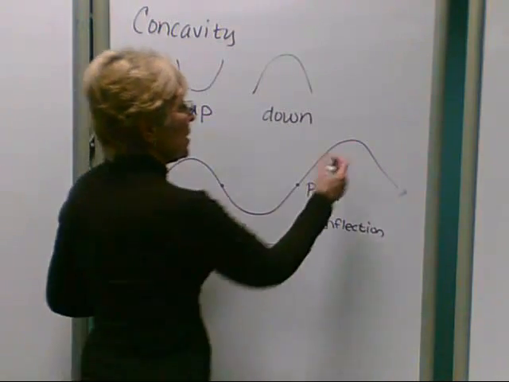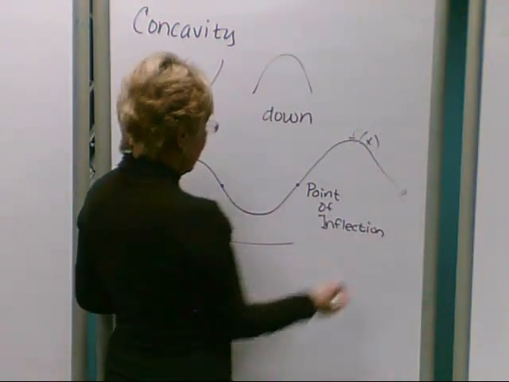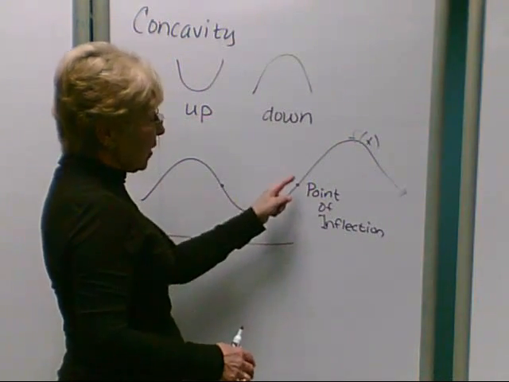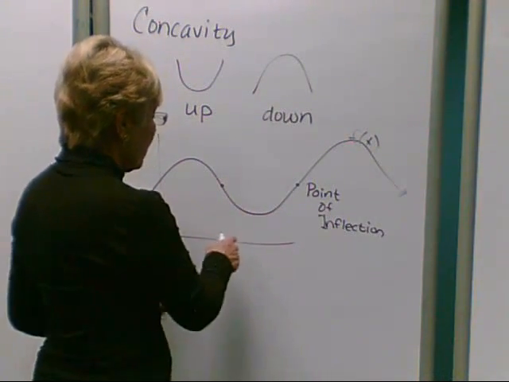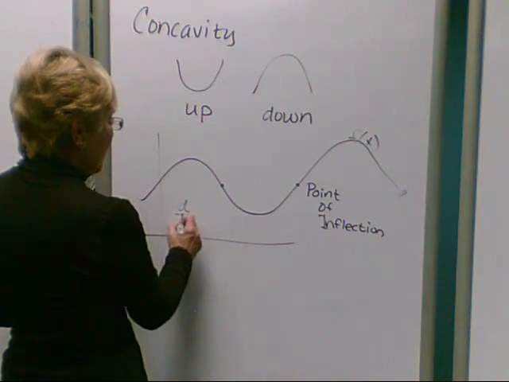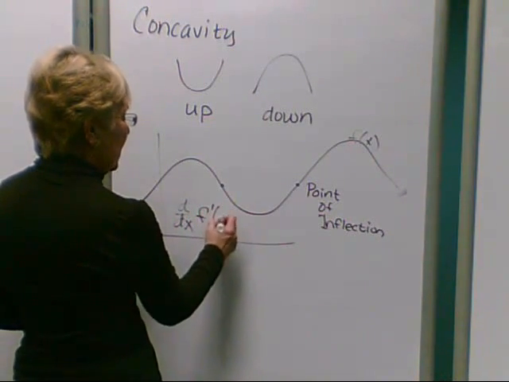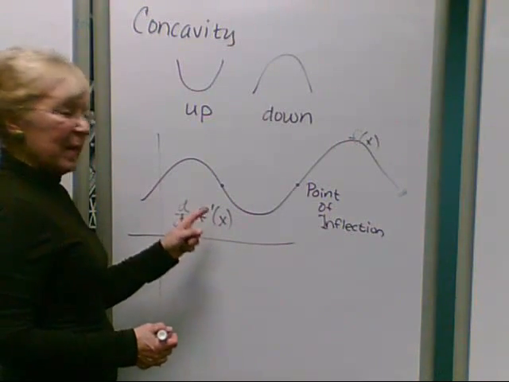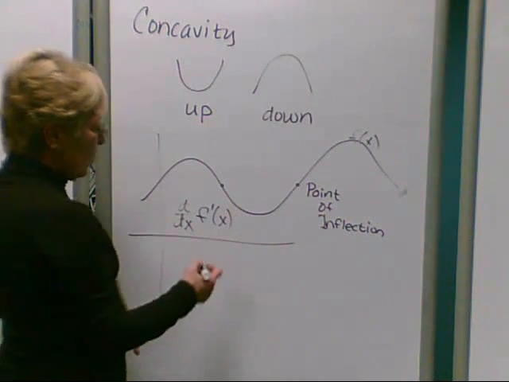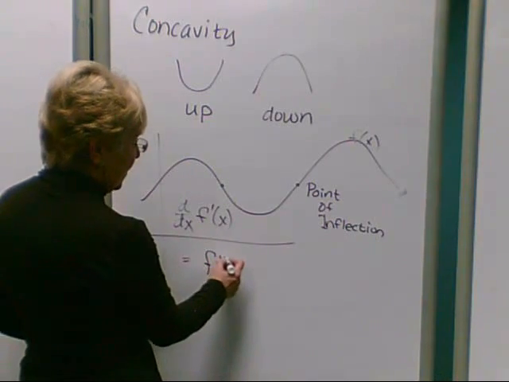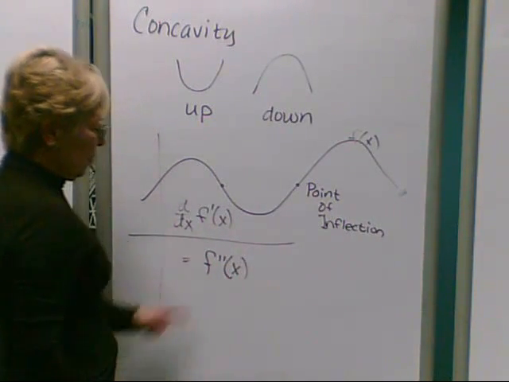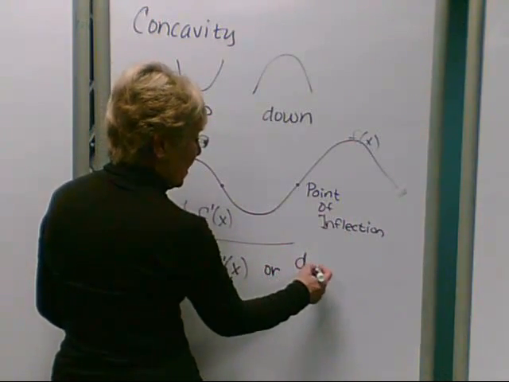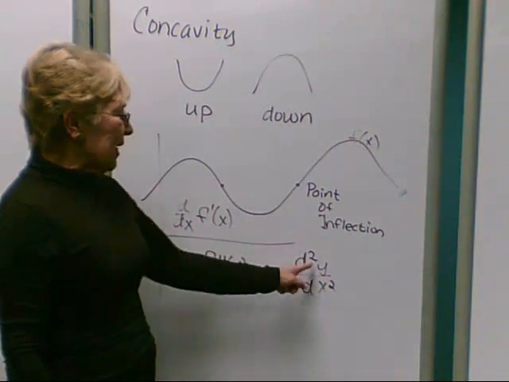If this function is f of x, and we're talking about concavity, we're watching behavior exhibited by the derivative of the function. So we call that the second derivative. Most likely we'll use this notation, and every once in a while you'll see this notation. So we want to write it like this.